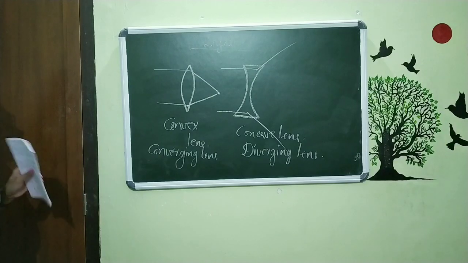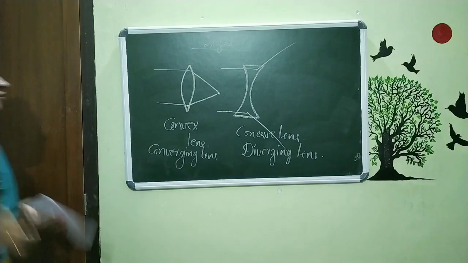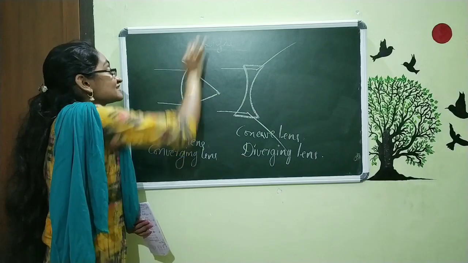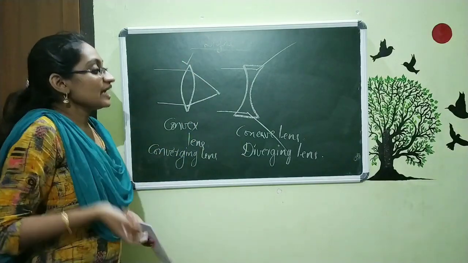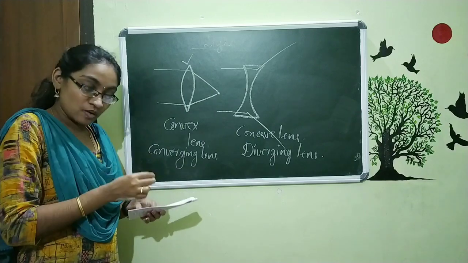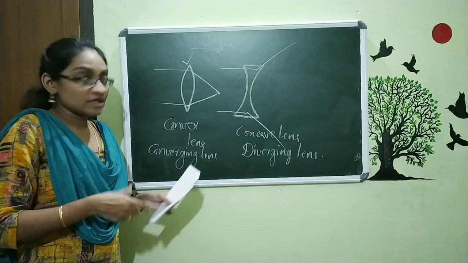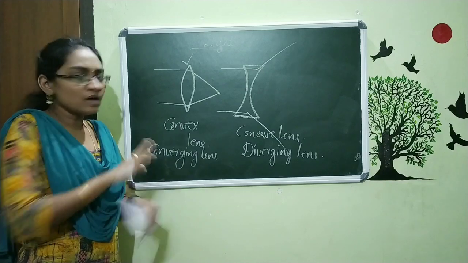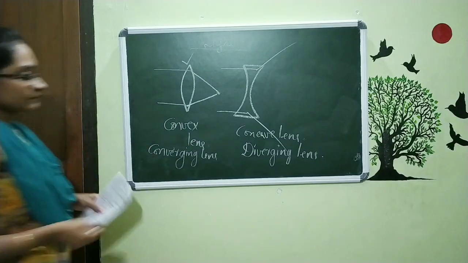Now we are going to continue this topic first with the convex lens, and check how the image is formed. Is it small, big, same size, erect, virtual, all the things we are going to check.